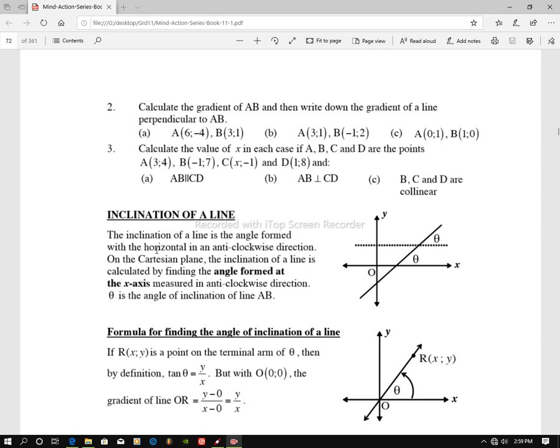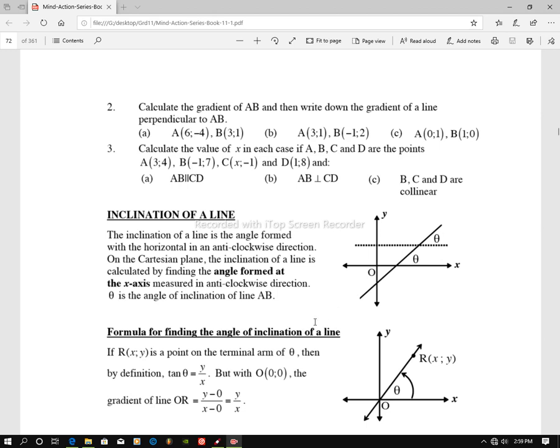The inclination of a line is the angle formed with the horizontal in the anti-clockwise direction on the Cartesian plane. It is calculated by finding the angle formed at the x-axis measured in the anti-clockwise direction. Theta is the angle of inclination of line AB.